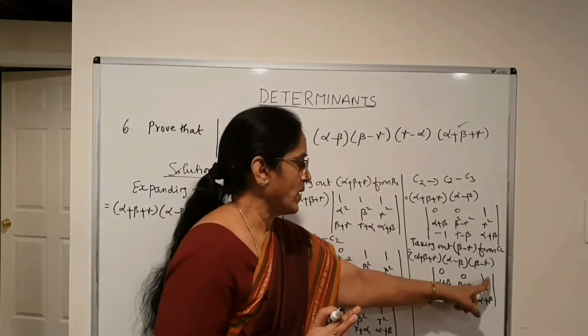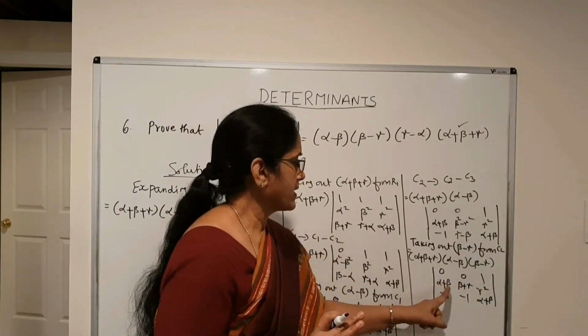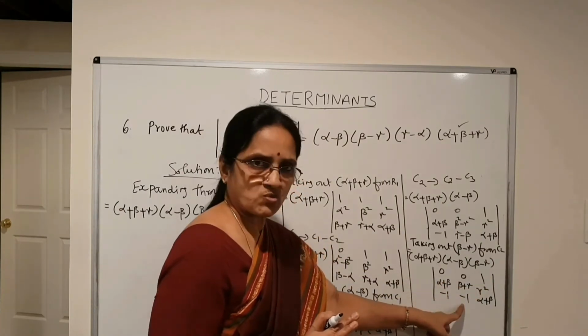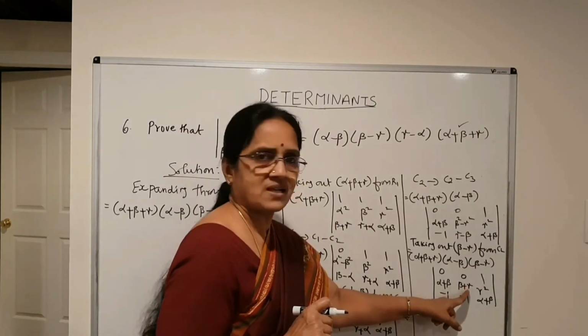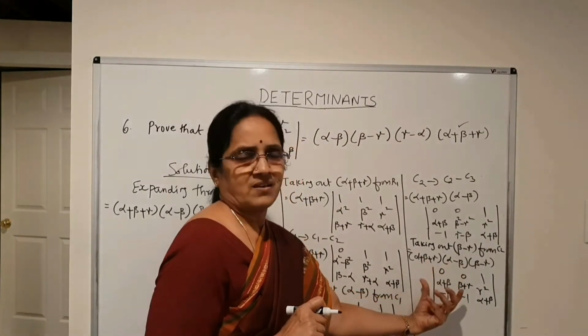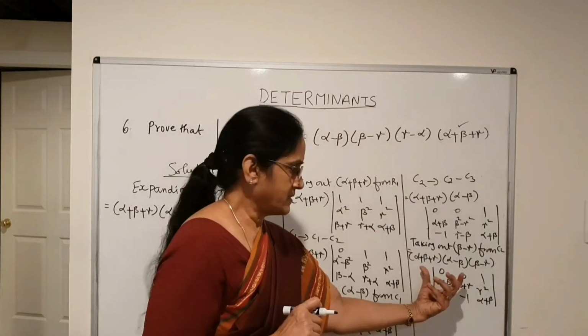So I will be having 1 into product of alpha plus beta into minus 1, minus the product of minus 1 into beta plus gamma. It's the usual way of expanding the determinant.